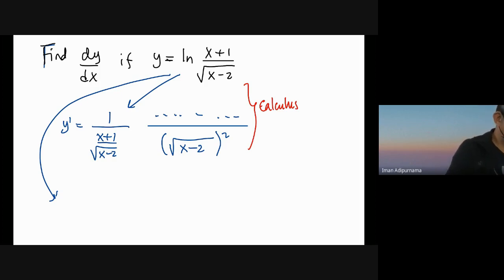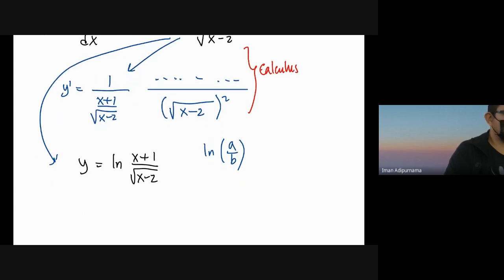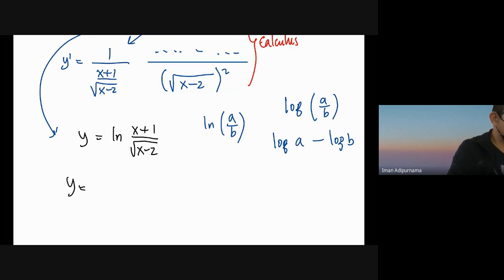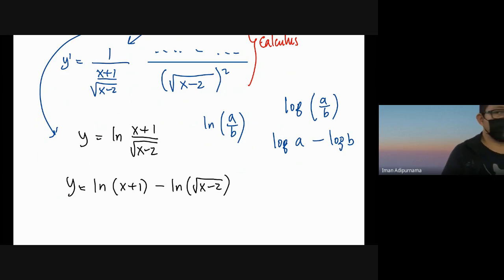But you can also remember that if you have ln of A over B, you can always take this as log A minus log B. So we can take that as ln of x plus 1 minus ln of x minus 2, like that.